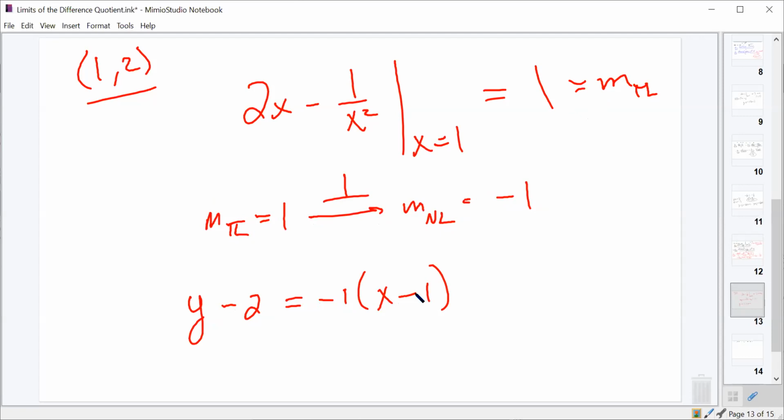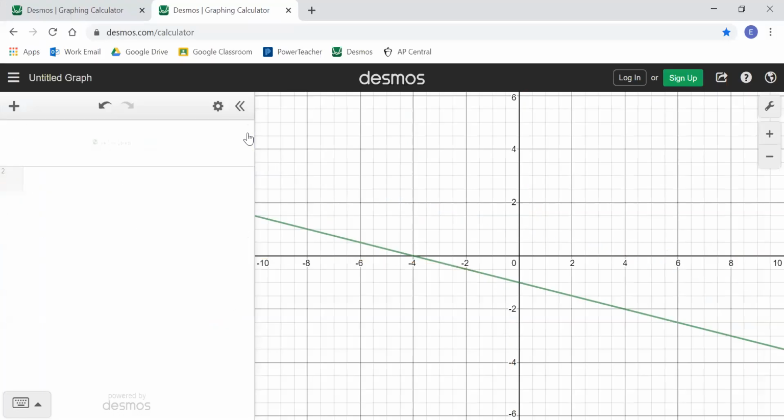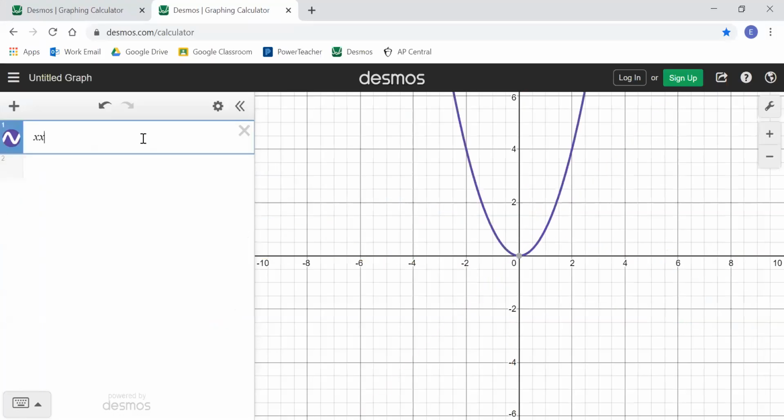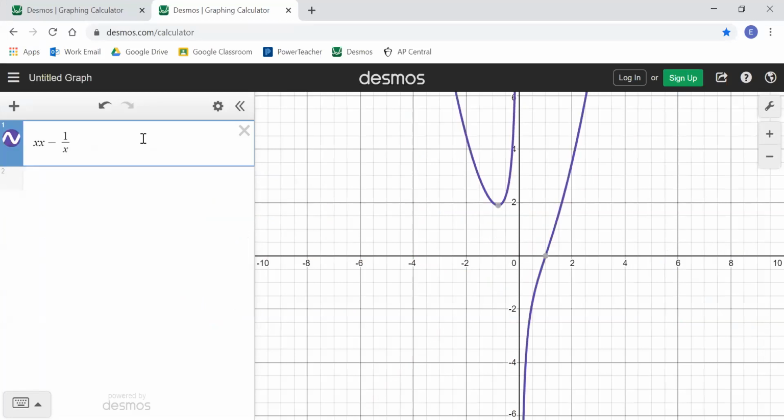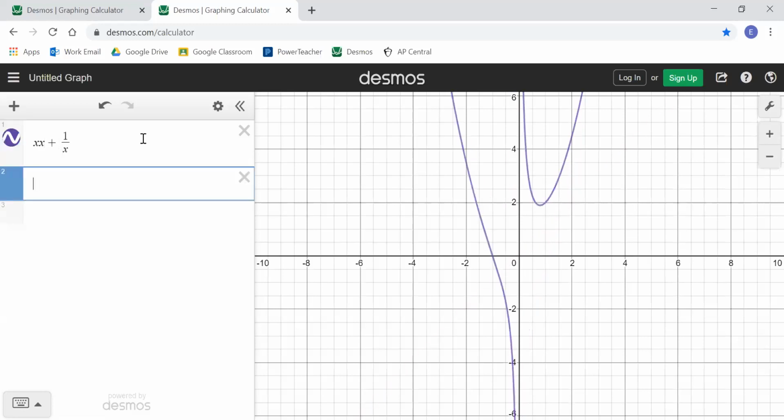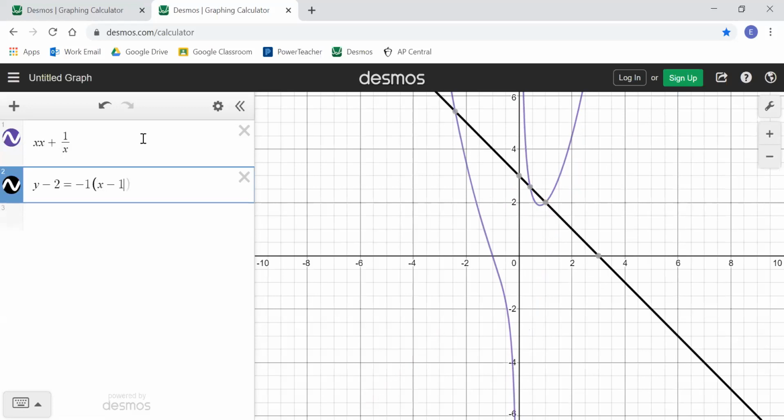And we can look at this on Desmos. Our original function was what? X squared minus 1 over x, I think. All right, or plus 1 over x? Yeah. Plus 1 over x. And we had y minus 2 equals negative 1 times x minus 1.